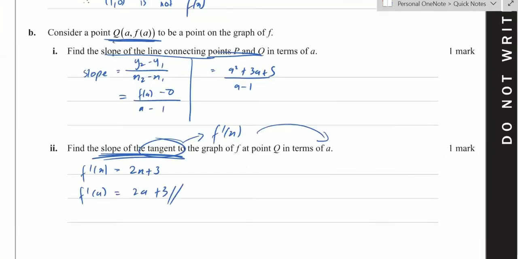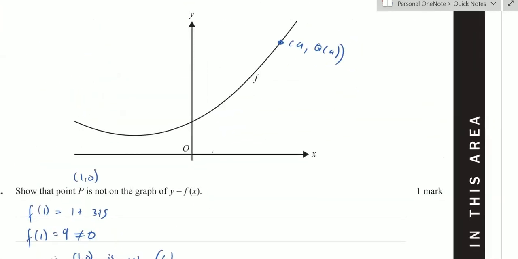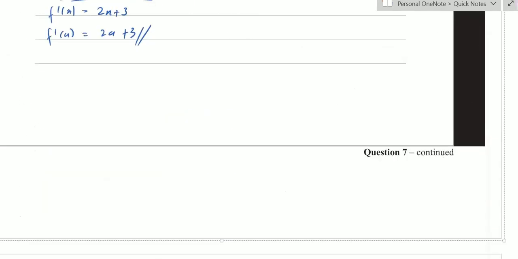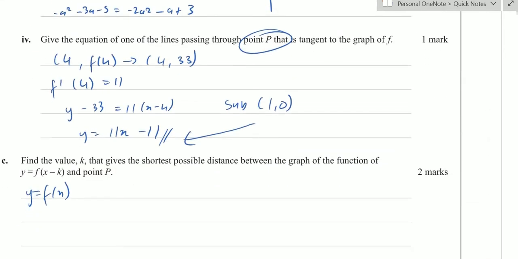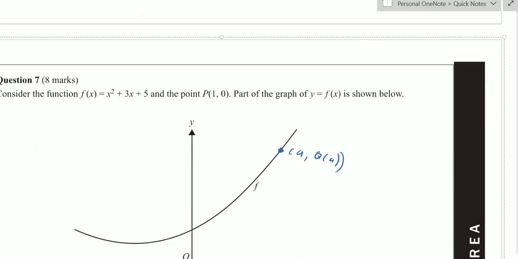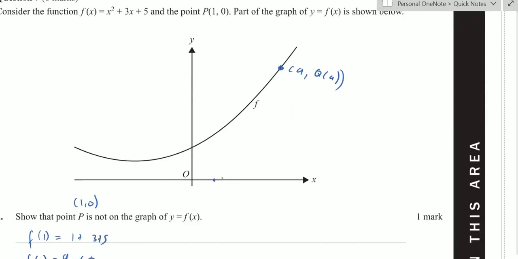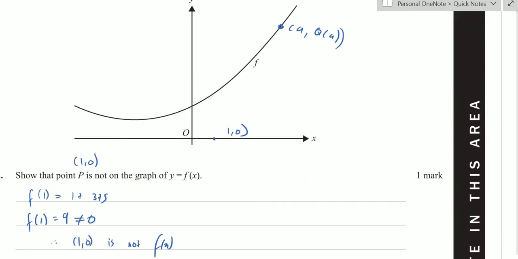So the graph we already have here, and it's at point P. So point P here, 1, 0. And you can see that the point at which the graph is closest to P would be the turning point of the graph.